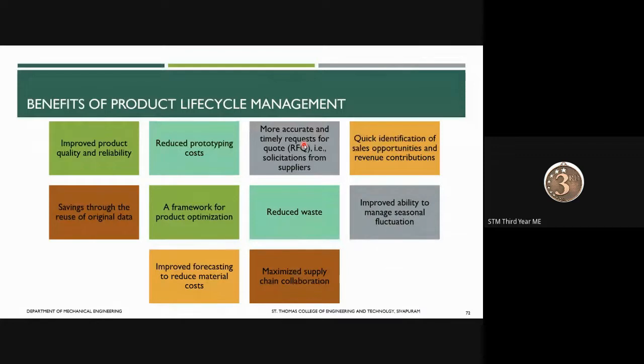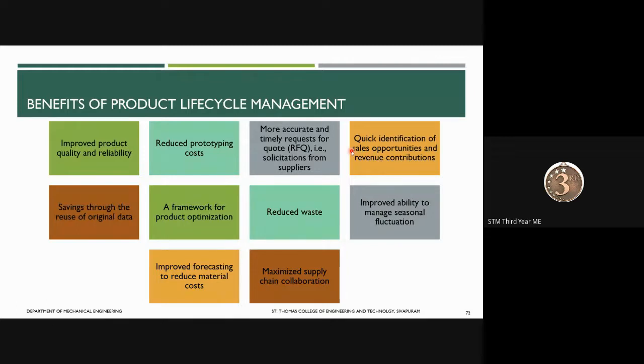Next, quick identification of sales opportunities and revenue contribution. When you are planning, we are planning for each and every stage, right? For the 4 stages of the product life cycle itself, we are planning. According to that, during the growth and the maturity stage, we are always involved with increasing the productivity or increasing the product inside the market.